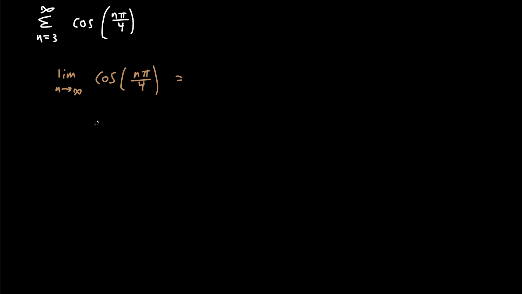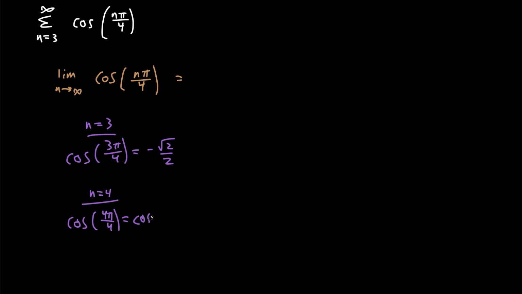So at n equals 3, we'll start off. I would have gotten cosine of 3 pi over 4, and cosine of 3 pi over 4 would give me negative root 2 over 2. Now, I'll repeat again, n equals 4. What happens at n equals 4? I get cosine 4 pi over 4, which is cosine of pi, which is negative 1.